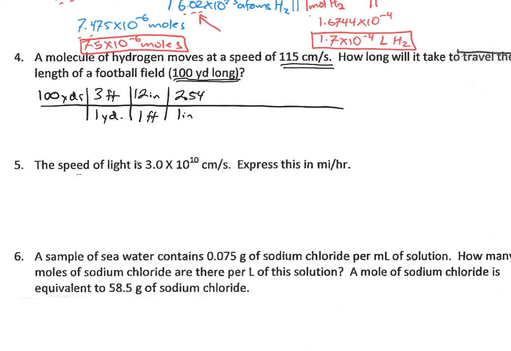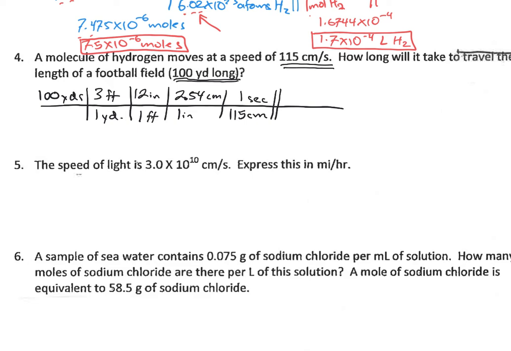And I would probably memorize that one this year because that is common. And then now that we have centimeters, I can use 115 centimeters per 1 second. And what that does is that gets me from length into time.